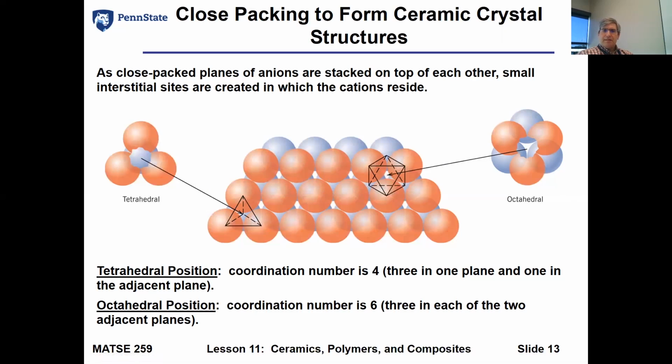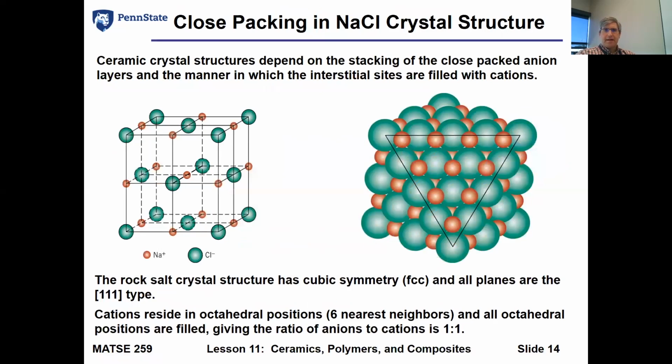We have much the same thing here, with these spaces where we can place a cation in an anion plane. Very much like the close packing for the FCC, the ABC type stacking, and for the HCP, the AB type stacking.